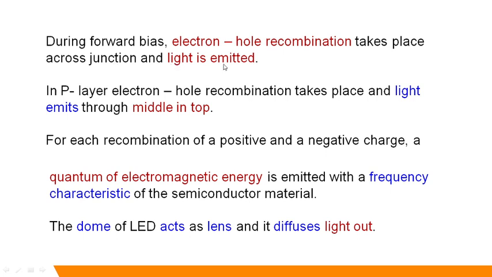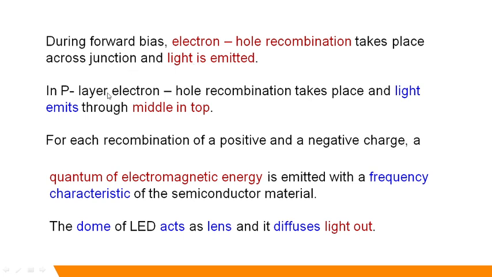This is important, and because of this electron hole recombination, the light is emitted. During the forward bias, electrons from the emitter enter the P side. So electron and hole recombination takes place across the junction, and the energy released is in the form of electromagnetic radiation, or normally light.